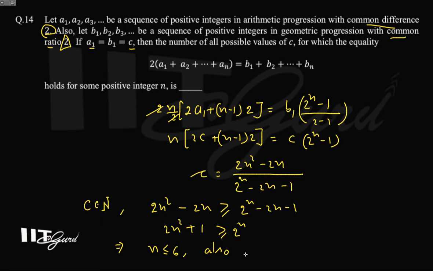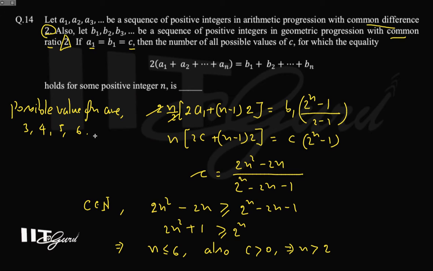And here also C is positive, so this implies n should be greater than 2, and therefore the possible values of n are 3, 4, 5, 6.